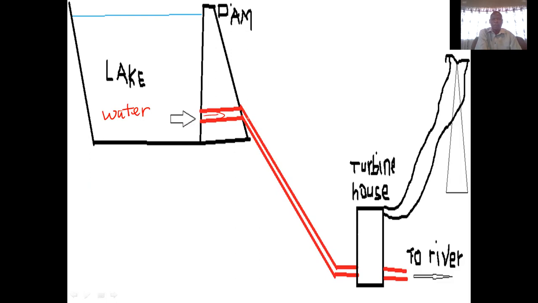It should be at the base of the dam so that the pressure is increased, so it goes down until it reaches the turbine house, where there is a turbine, which is connected to the generator to produce electricity. Hydropower uses the principle of height.